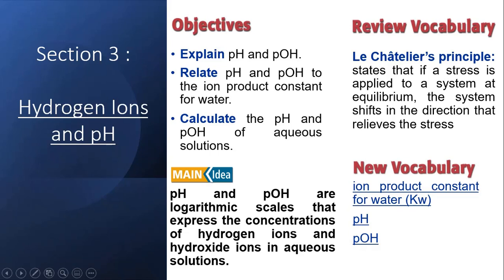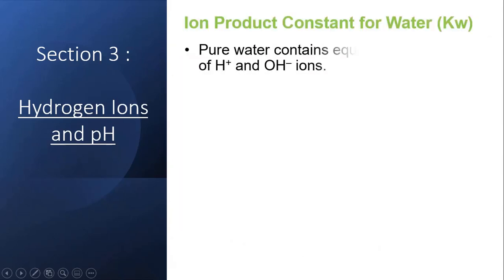pH and pOH are 100% opposite to each other. pH talks about acidity, pOH talks about basicity. We can say that pH talks about how much hydronium ion or hydrogen ion is found, and pOH talks about hydroxide ion content.